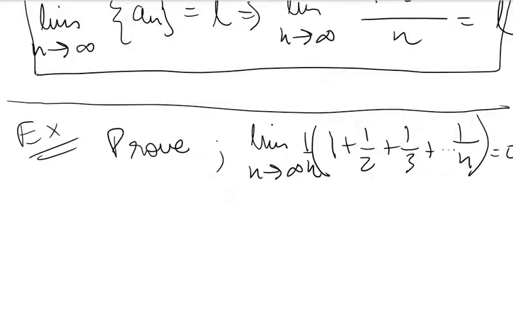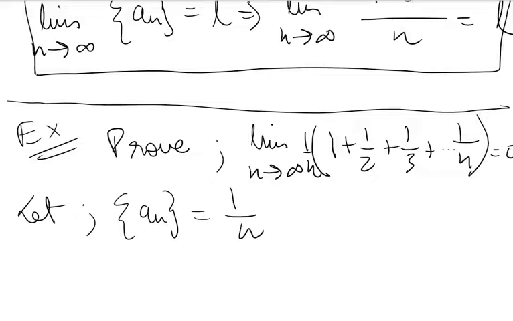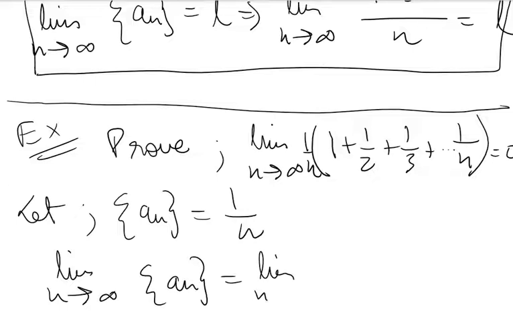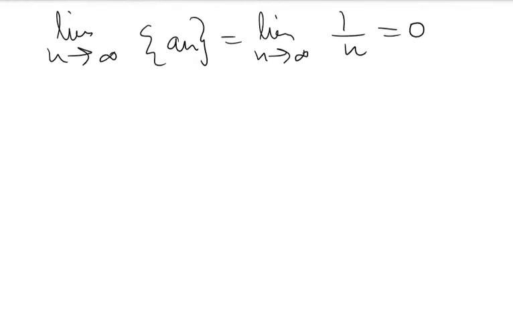So from here first we write, let a_n is equal to 1 by n, and let's find its limit. Limit n tends to infinity a_n is equal to limit n tends to infinity 1 by n equals 0, right? 1 by infinity is 0.